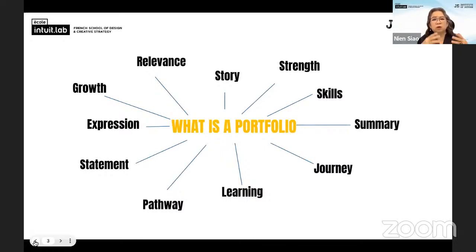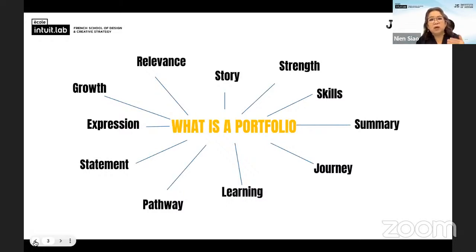A lot of these words mean very similar things, but your expression statement is all about you. Some of you may be very loud. Let it be. You are what you are. You might be quite shy and introverted with even some of the expressions you put up there. It does not matter. Let it be there to showcase who you are.